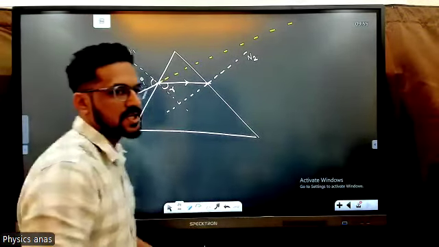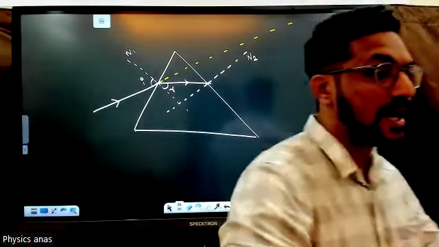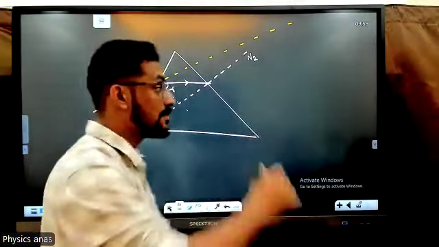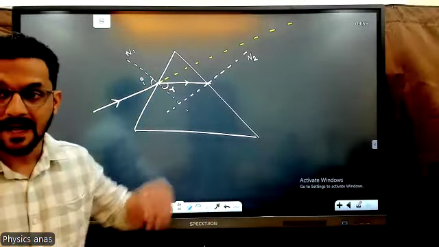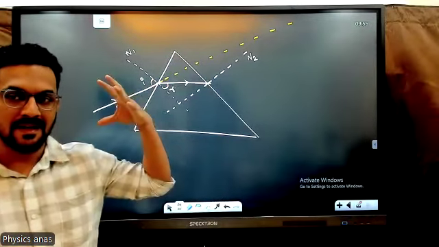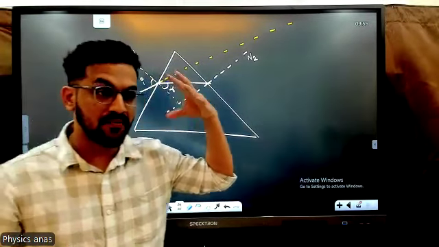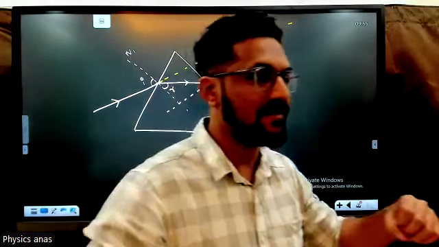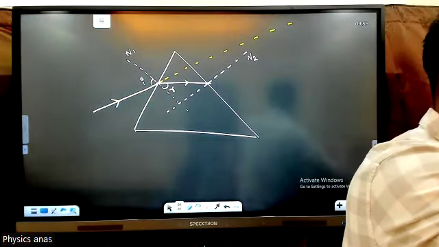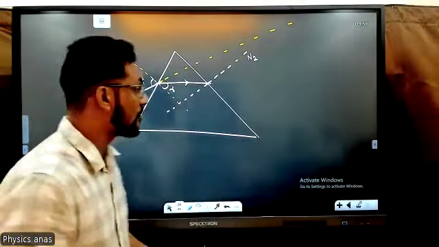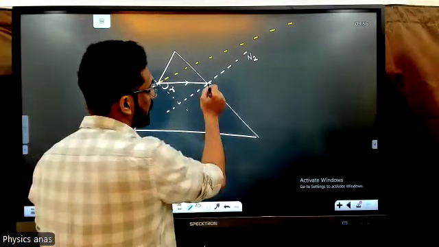What happens to the light ray when it is trying to get out of the prism? Again refracted. The prism is made of glass and there is air outside, so the light ray will be coming from a denser medium to a rarer medium, and it will be bending away from the normal, like this.